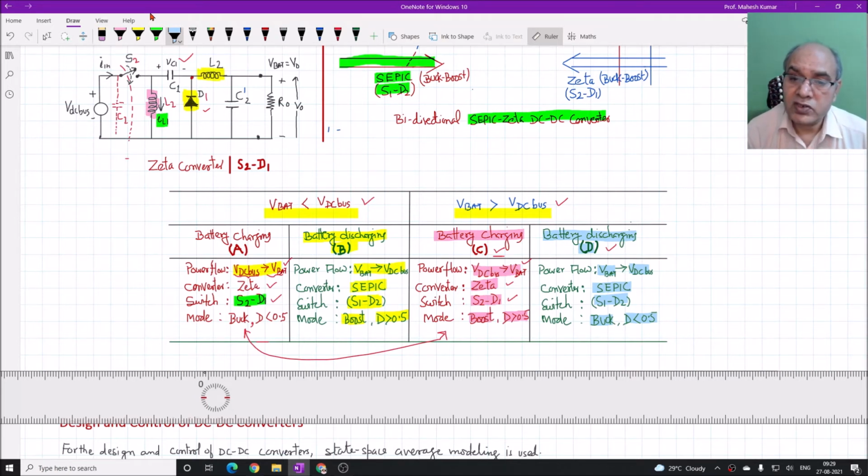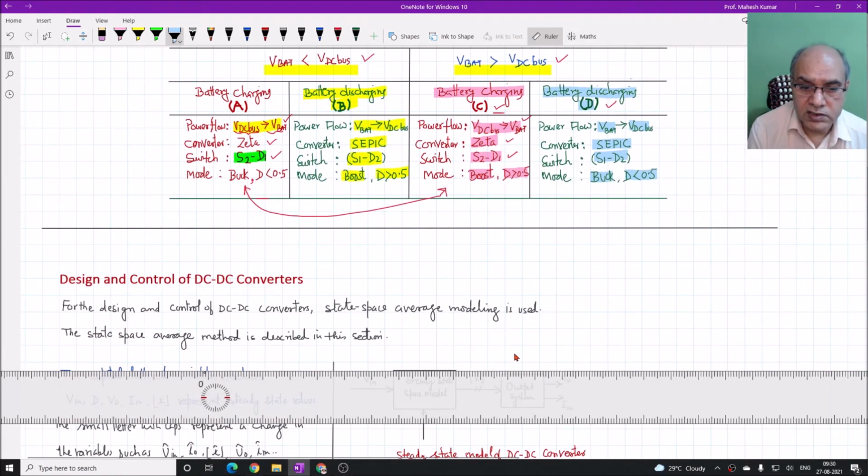That's how storage is required for PV systems if we want to extract the maximum power. I will continue with design aspects of these converters. So this is the basic idea about the main or important DC to DC converters. Now let us go for some more aspects such as the design and control aspects of these converters.